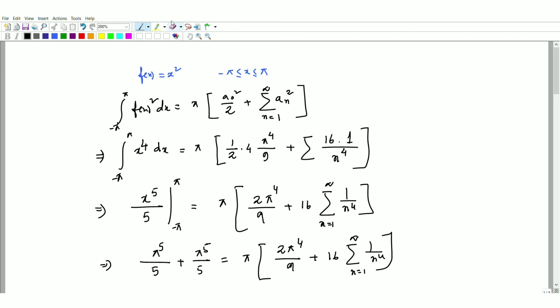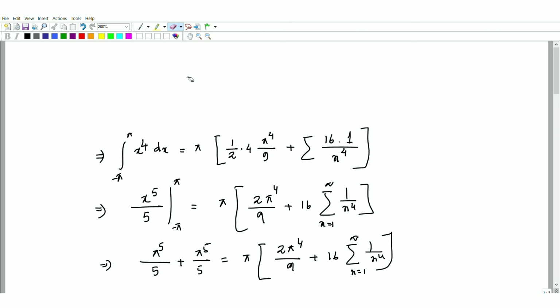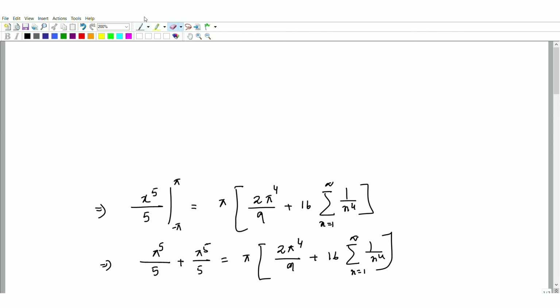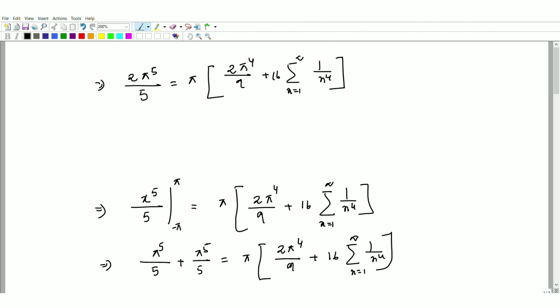After that it will become 2 pi to the power 5 by 5 pi equals 2 pi to the power 4 by 9 plus 16 summation 1 to infinity 1 by n to the power 4.